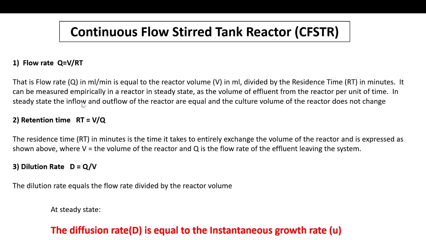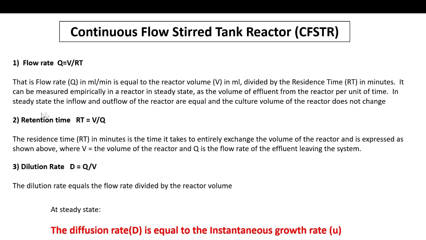In steady state, the inflow and the outflow of the reactor are equal, and the culture volume of the reactor does not change. So the net volume change is also zero. The amount which is coming and leaving the reactor is constant in a steady state.